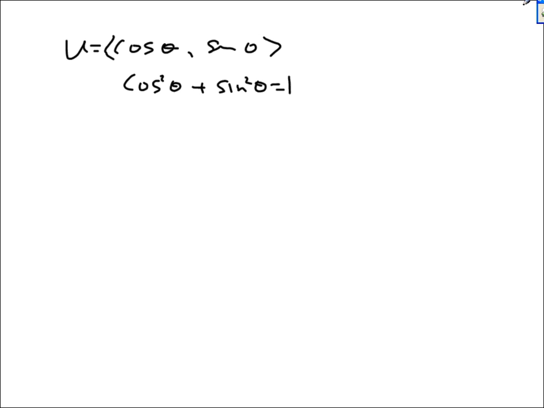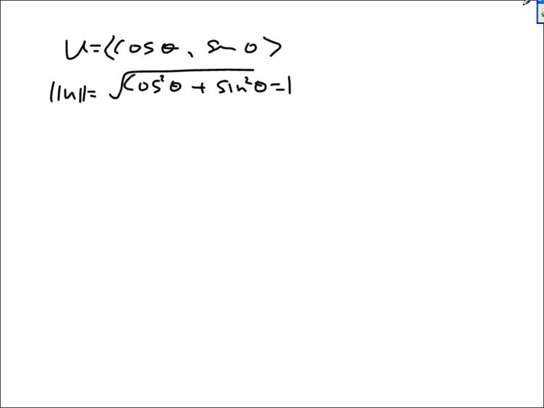Now, this time they want to find the directional derivative of the function in the direction of u equal to cosine theta, sine theta. Now, this happens to always be a unit vector, because when you square the i component plus the j component squared, you get 1, and you take the square root, you get 1.